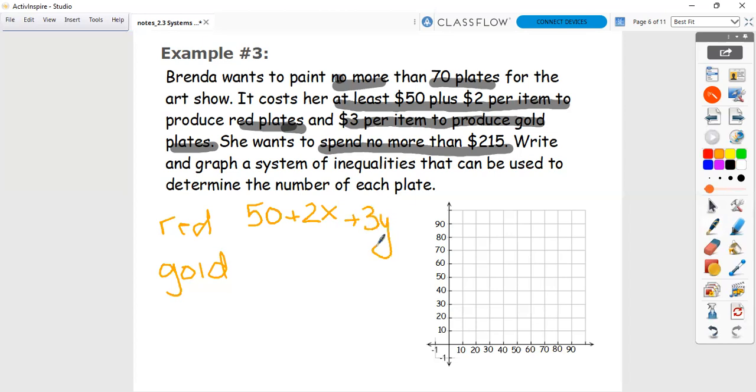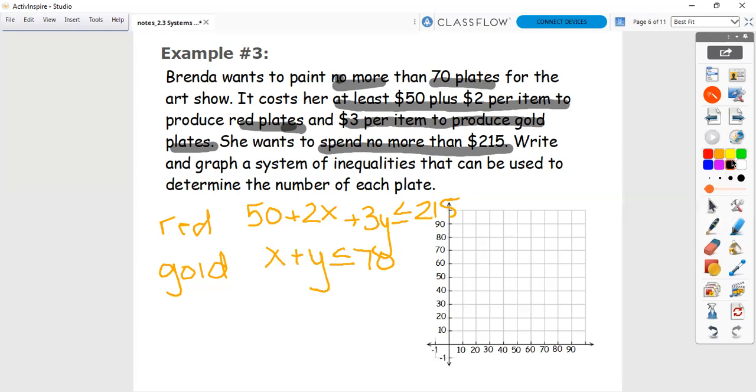She wants to spend no more than $215, so that's less than or equal to $215. She also wants to paint no more than 70 plates between red and gold. So between red and gold, or X plus Y, she doesn't want any more than 70 plates, so less than or equal to 70.